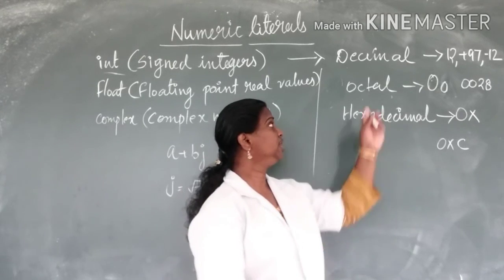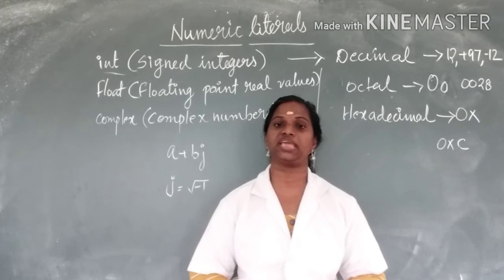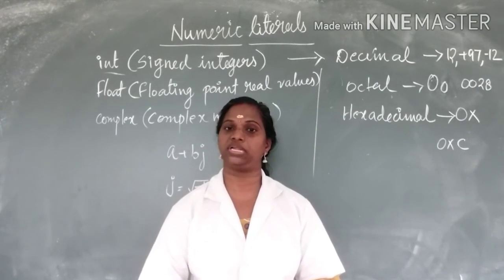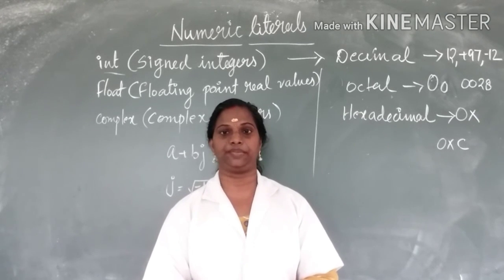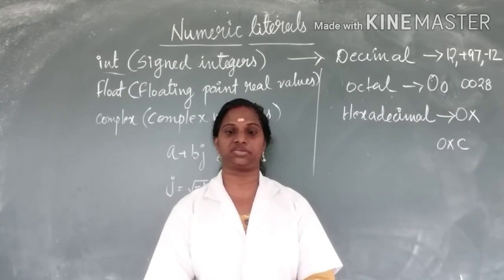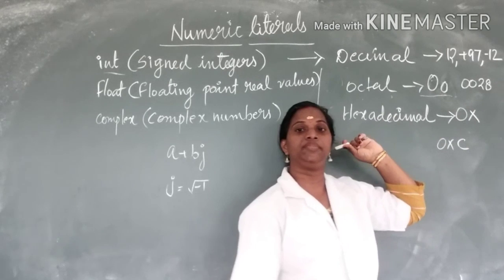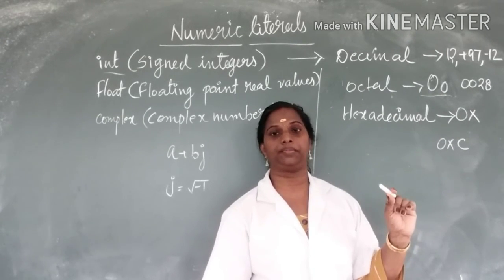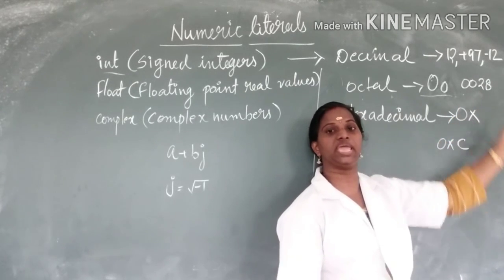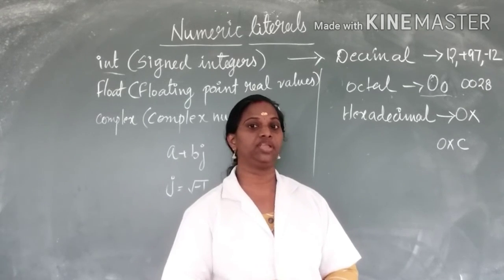Next one, octal integers. First one is decimal integers, second one is octal integers. You already know what an octal number is. An octal number has base 8, so the digits 0 to 7 will be taken. While entering an octal number, you need to start it with 0o.